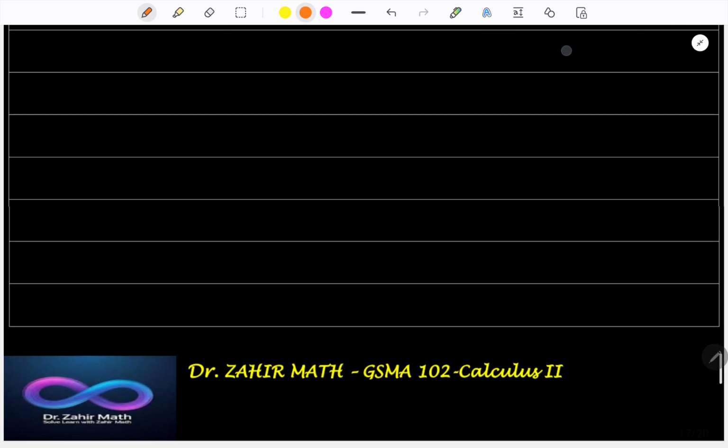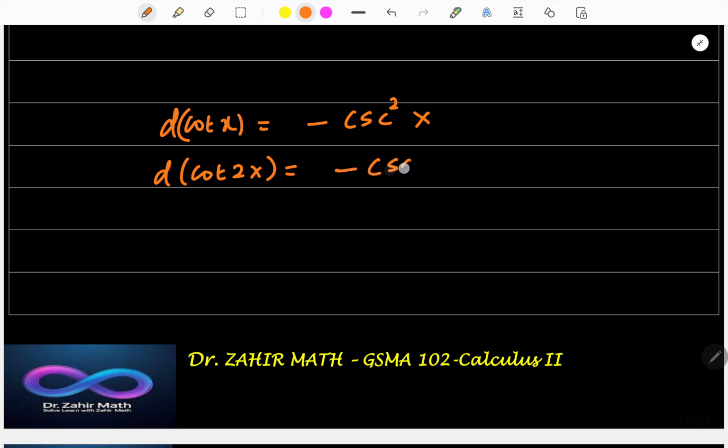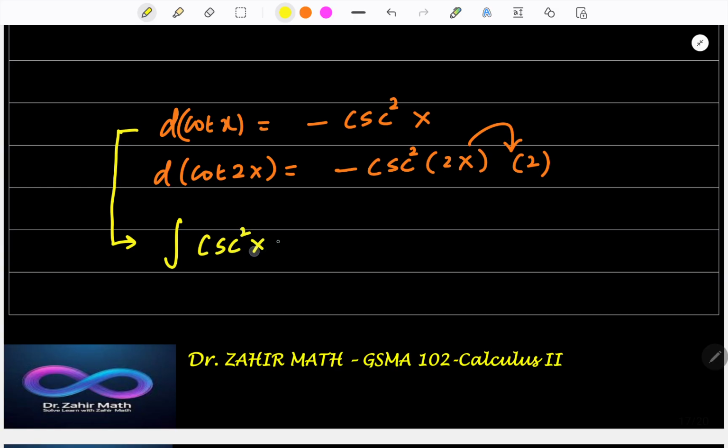So again I'll explain this idea. Listen carefully. Let me go with the derivative. The derivative of cot x is minus cosecant square x, and the derivative of cot 2x is minus cosecant square 2x times the derivative of 2x, which is 2. Now let me go with integration. What is the integral of cosecant square x?